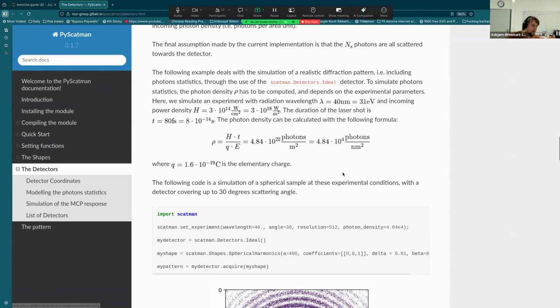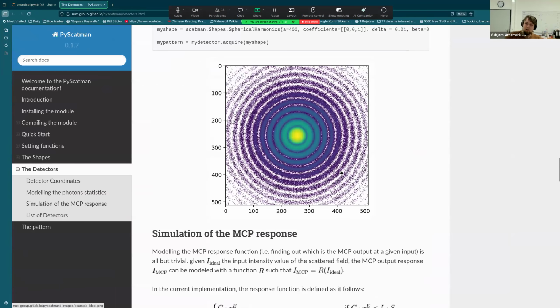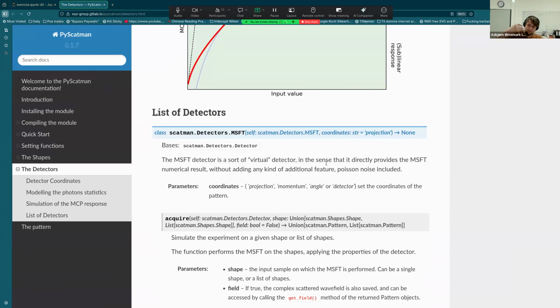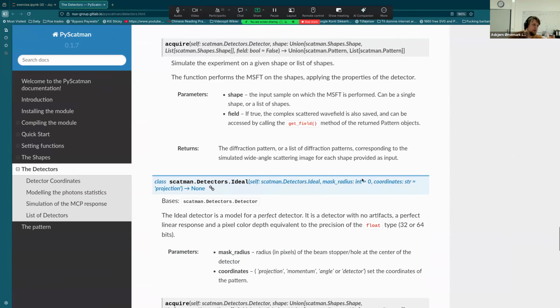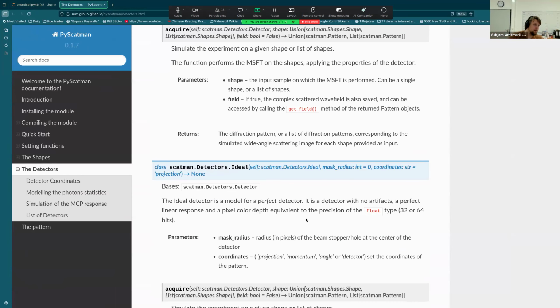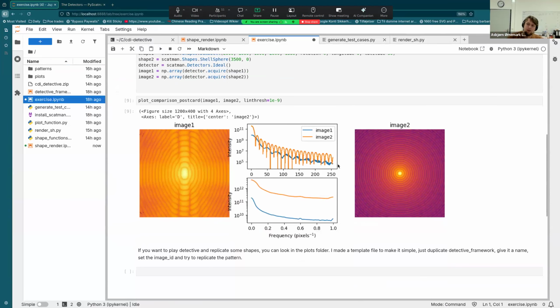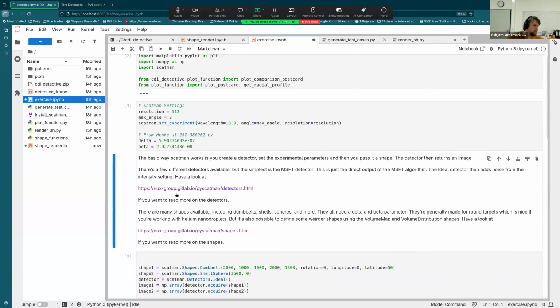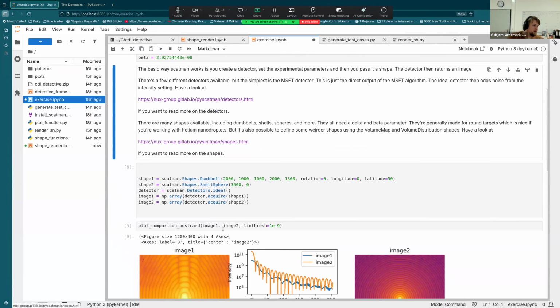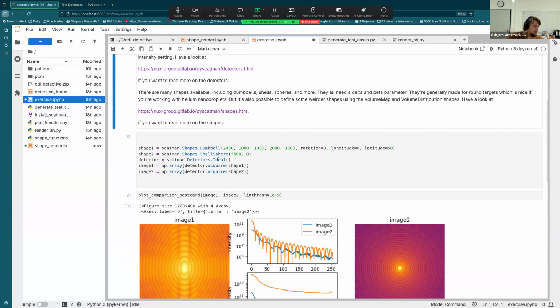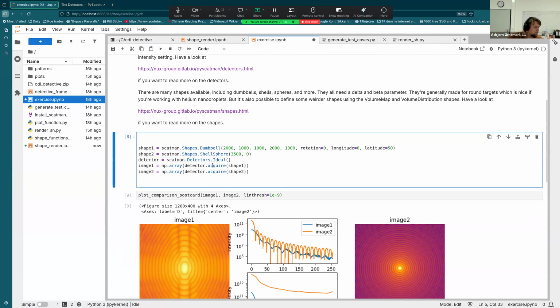But there are some other detectors, and what the other detectors do is add things like shot noise. So there's an ideal detector. Actually, let me just show you. This is the MSFT output basically, and let's swap the detector. Hmm, strange.